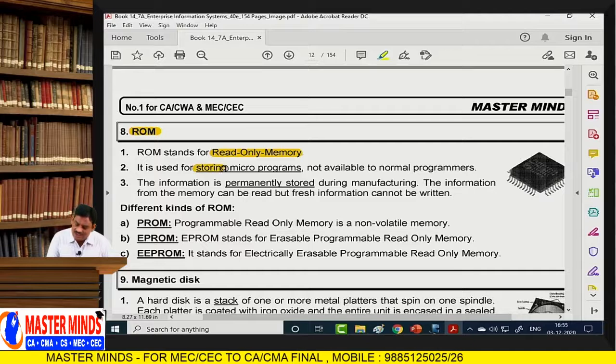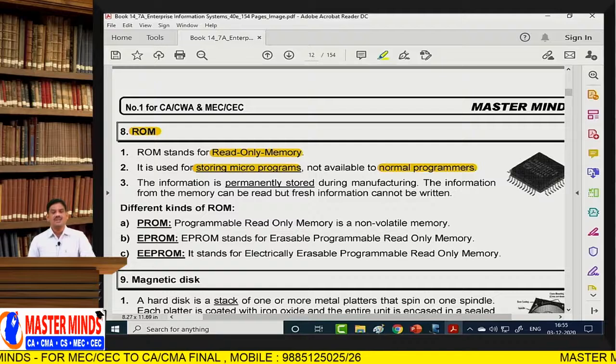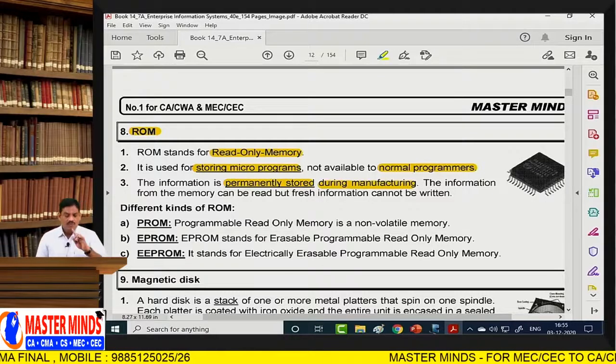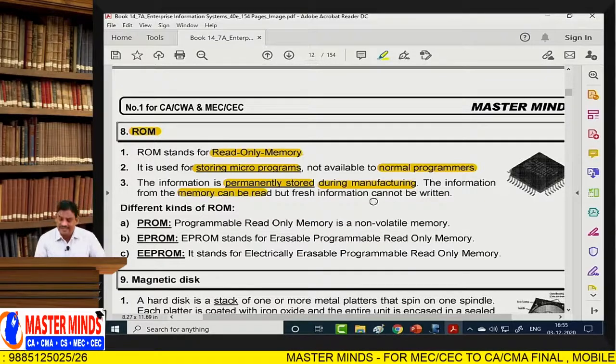It is used for storing microprograms not available to normal programmers. The information is permanently stored during manufacturing. Information from the memory can be read, but fresh information cannot be written.